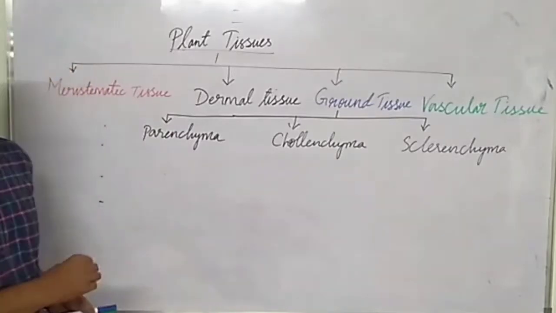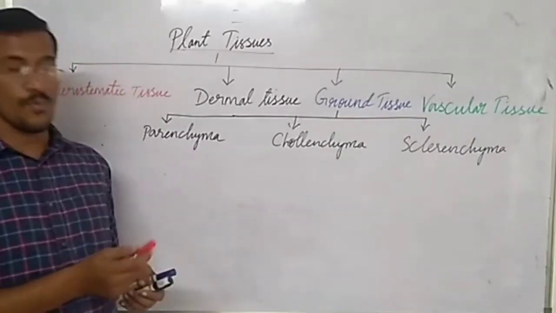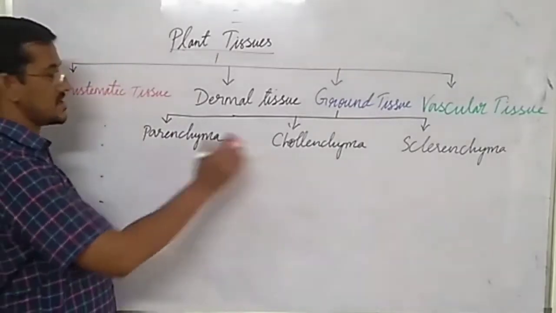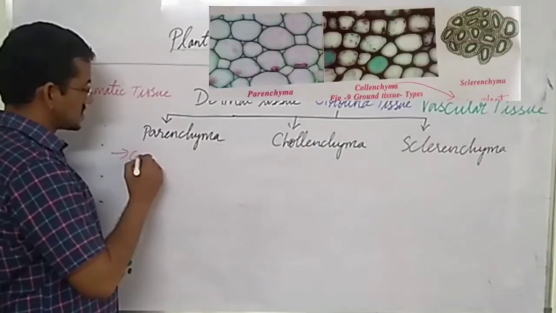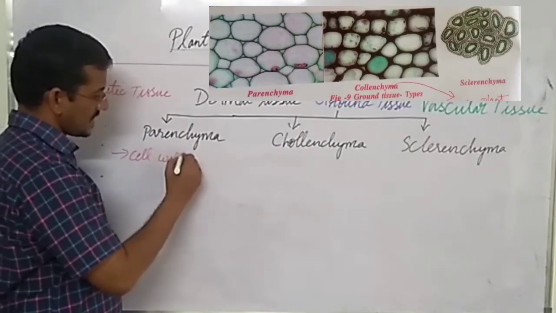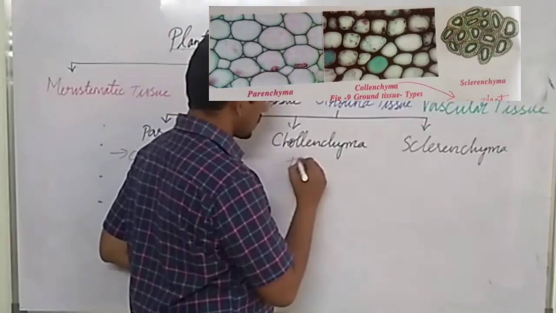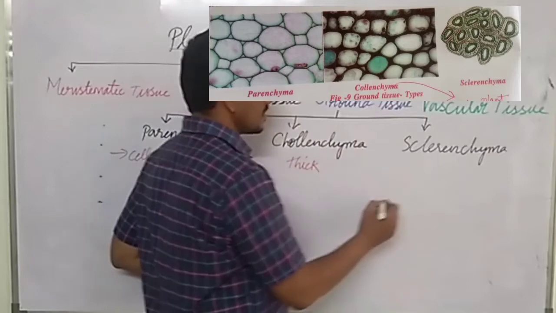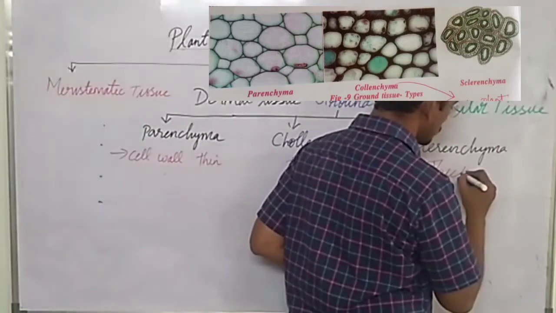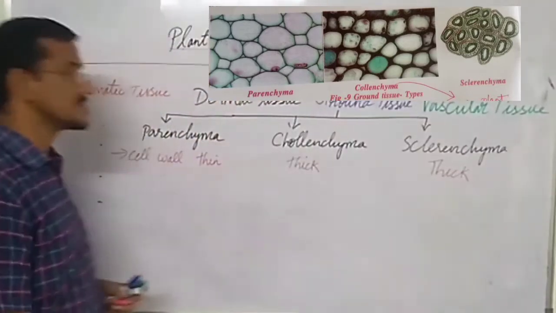Now, parenchyma have a thin cell wall. If you see the differences here, the cell wall is thin. Here the cell wall is thick. Here also the cell wall is thick.